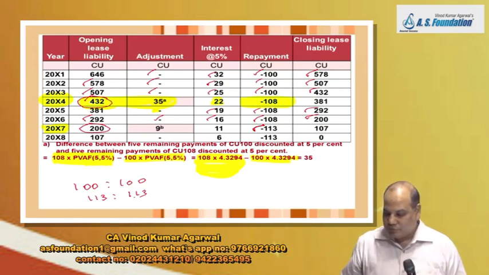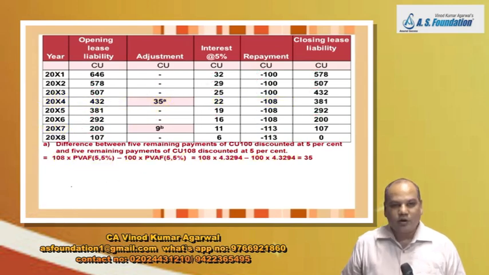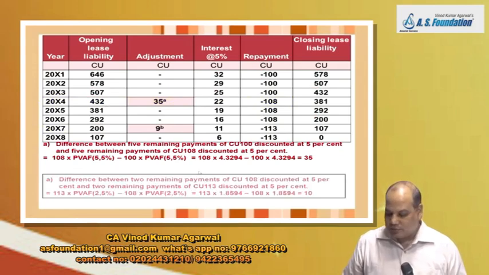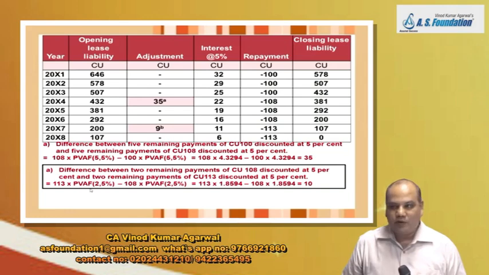So I will now calculate the rent for the remaining 2 years using 113. Calculate 113 into PV annuity factor, 2 years and 5%. Calculate 1 divided by 1.05, 2 times equal to.